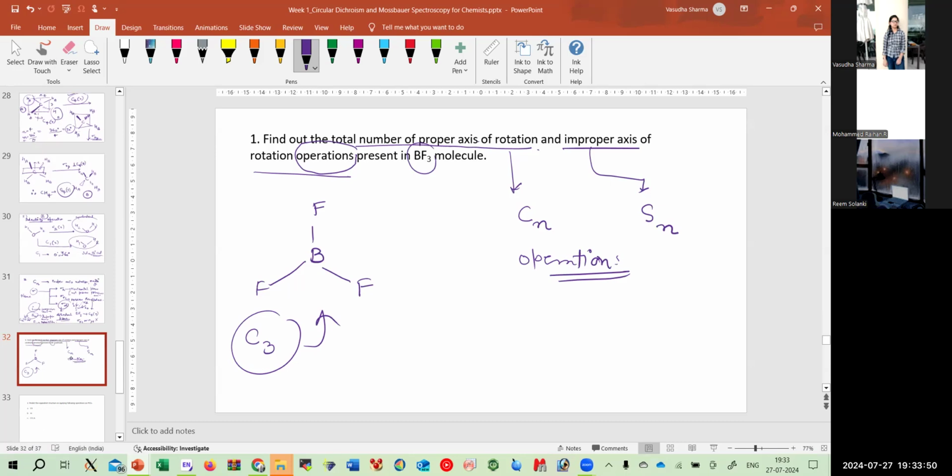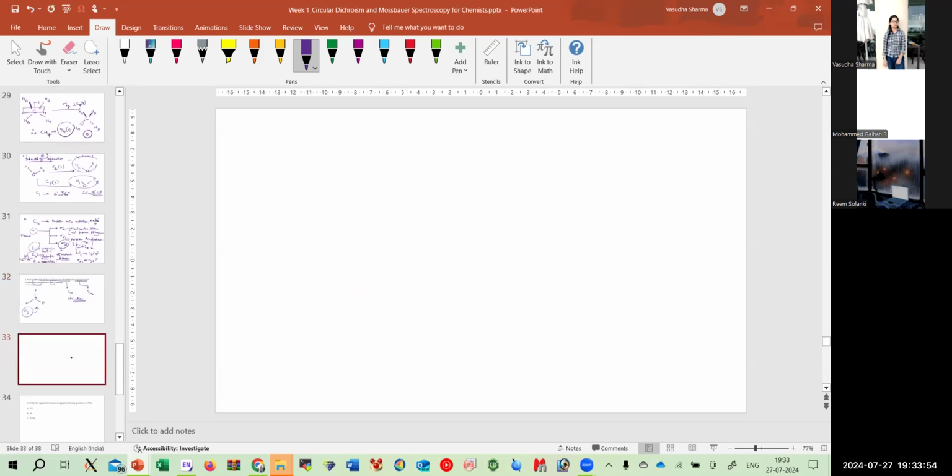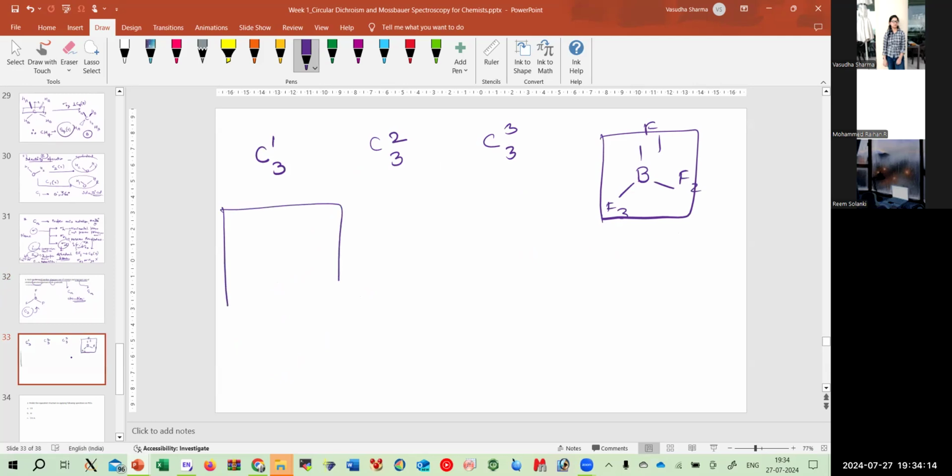You can rotate it three times, so we'll just take your example itself. You said three times. That means C3 one time, C3 two times, C3 three times, right? Now I am making a BF3 molecule on this side: B, F1, F2, F3. Now apply C3 one along the boron direction.